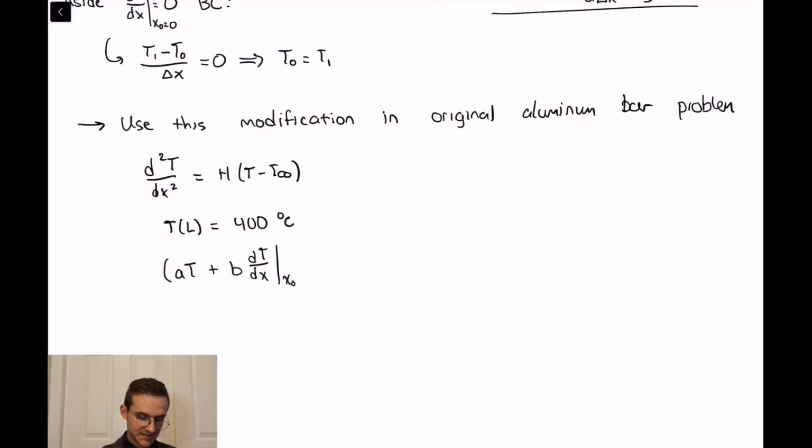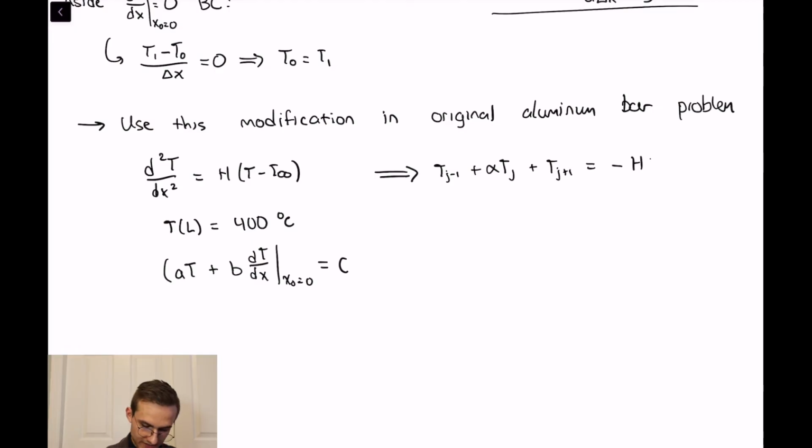We'll set that equal to a constant c. And we'll leave these constants undetermined for the time being, just so you can see how this goes in. If we discretize the equation, the interior equations are all the same as before. It's still T(j minus 1) plus alpha T(j) plus T(j plus 1) equal to minus h delta x squared T infinity. Interior equations are unchanged.